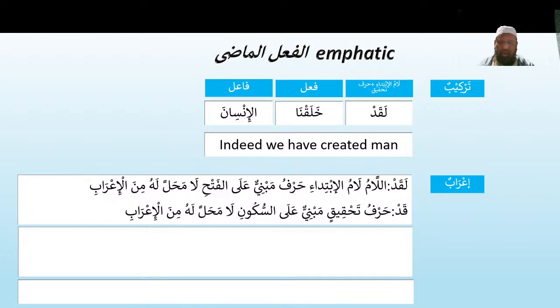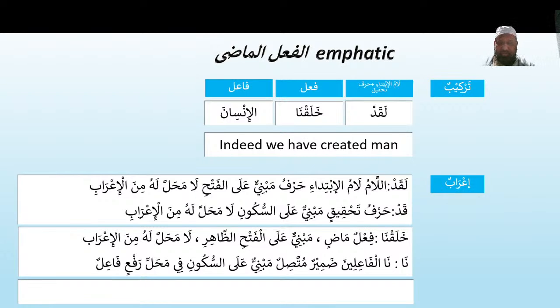Or we can say لام القسم, but if we want to say that, we have to say there is a محذوف, a hidden qasam here. We haven't done all this so far, so we're not going to go there. When we do, then you can. But now, just say حرف التحقيق.